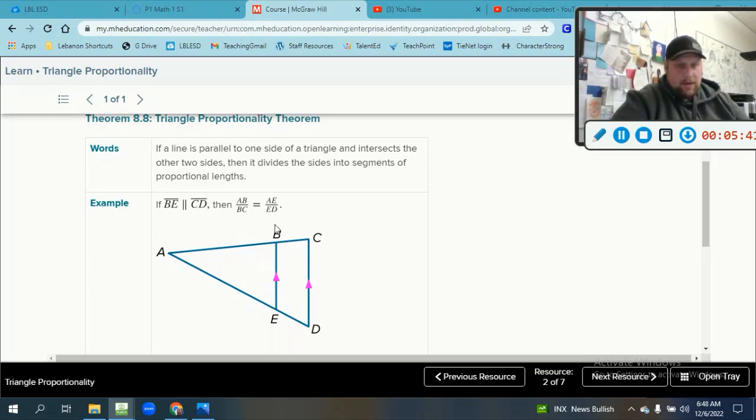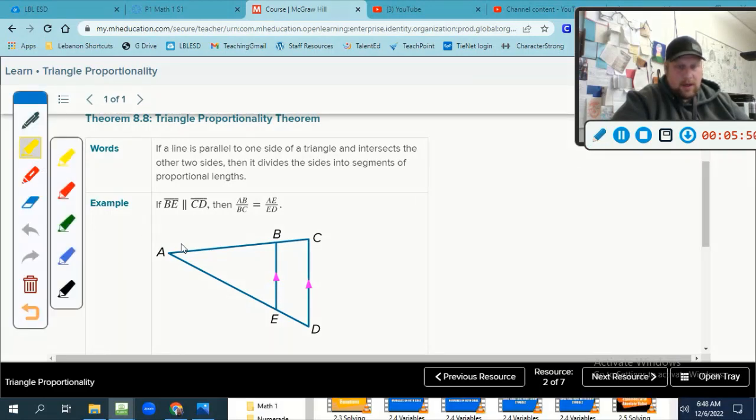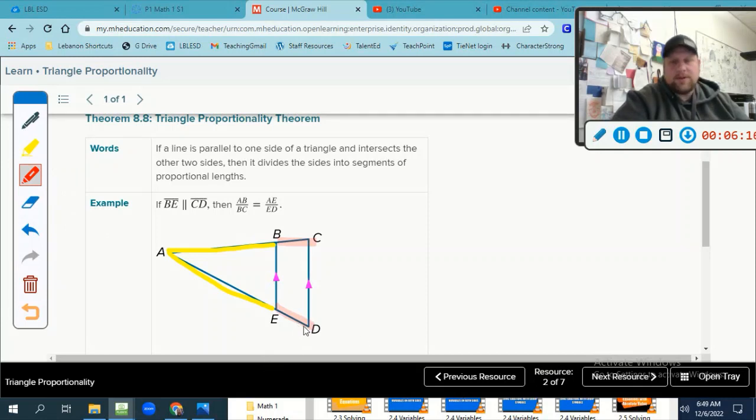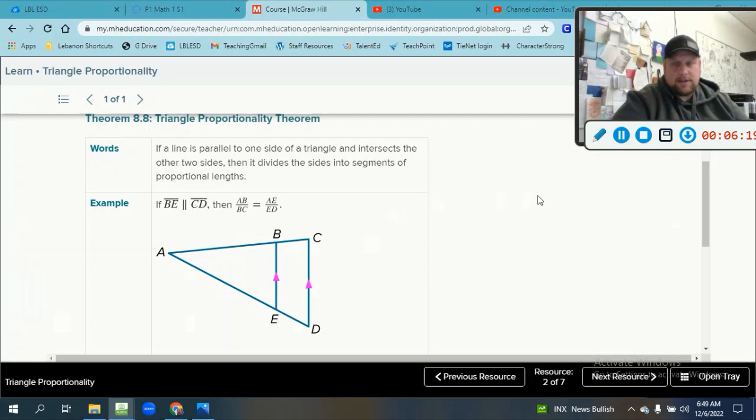So in other words, if BE is parallel to CD, then I could say that AB divided by BC is going to equal AE divided by ED. It's a great proportional setup there, okay? Awesome. Write that down, pause this as needed. I'm moving down.